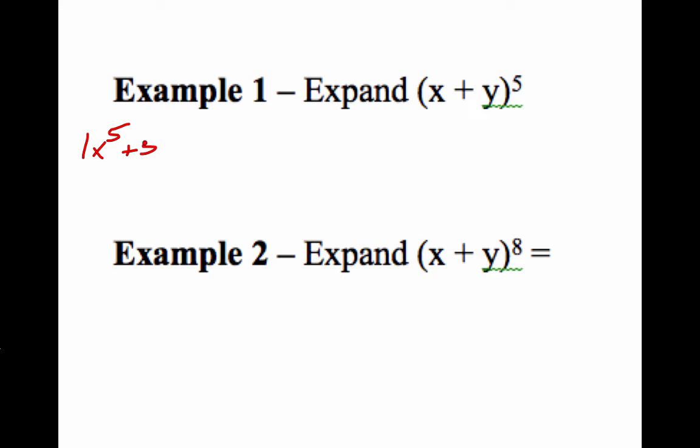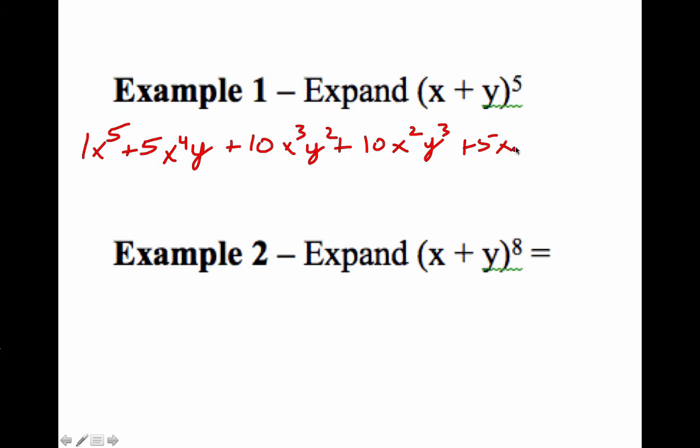And then right off of the table, we get 5x to the fourth y plus 10x to the third y squared plus 10x squared y to the third plus 5xy to the fourth plus 1y to the fifth.